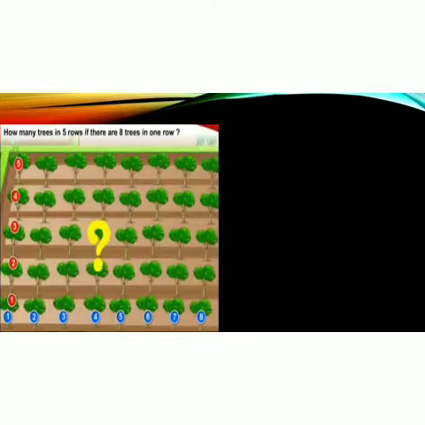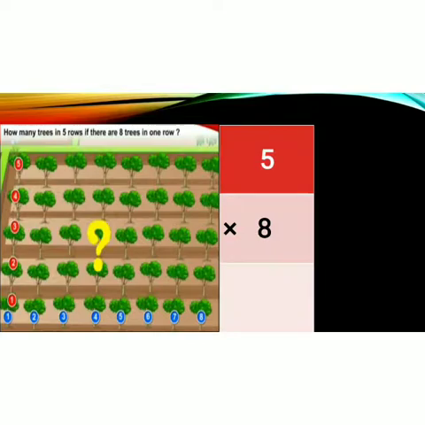Second example, how many trees are in 5 rows if there are 8 trees in 1 row? Now here we can find the trees all together. Now children, again we have to do the multiplication over here. 5 multiplied by 8.